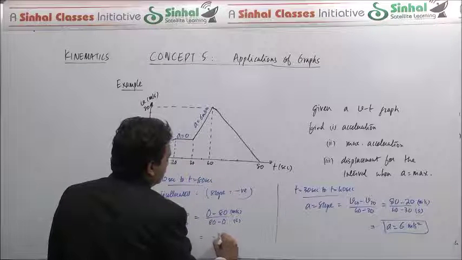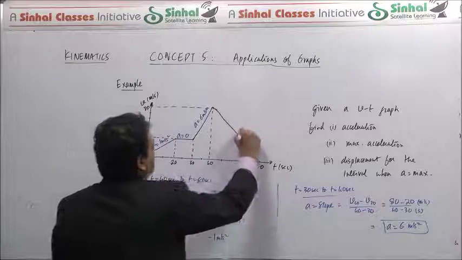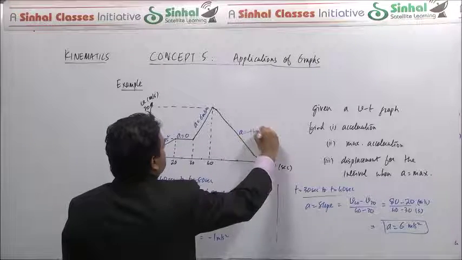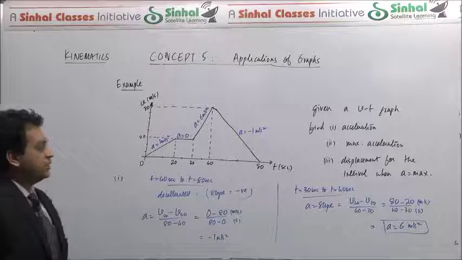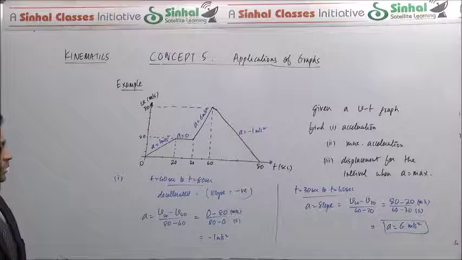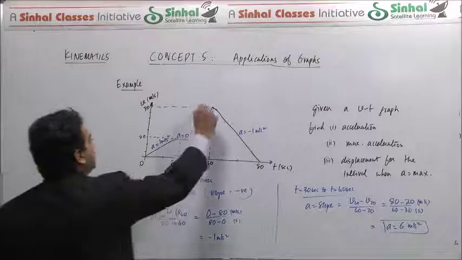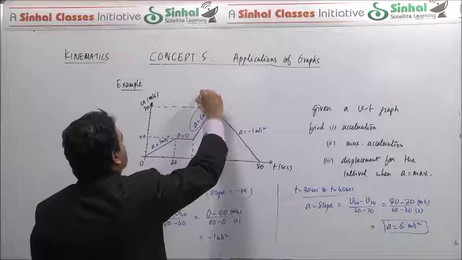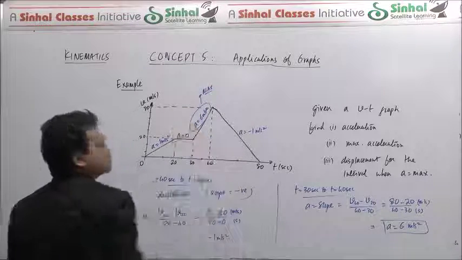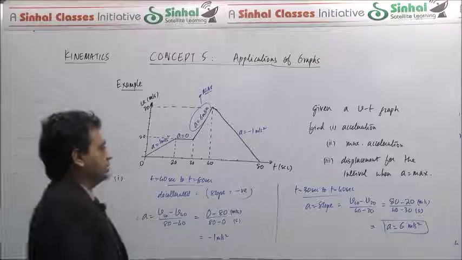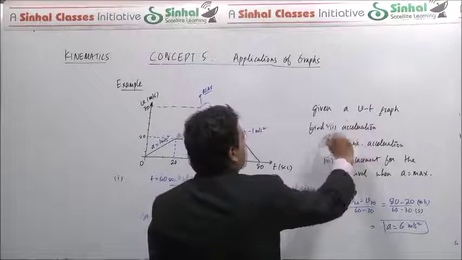It's minus 1 meters per second square. So that is the complete description of accelerations, and you can see that this particular acceleration here is maximum. So that takes care of first two parts.